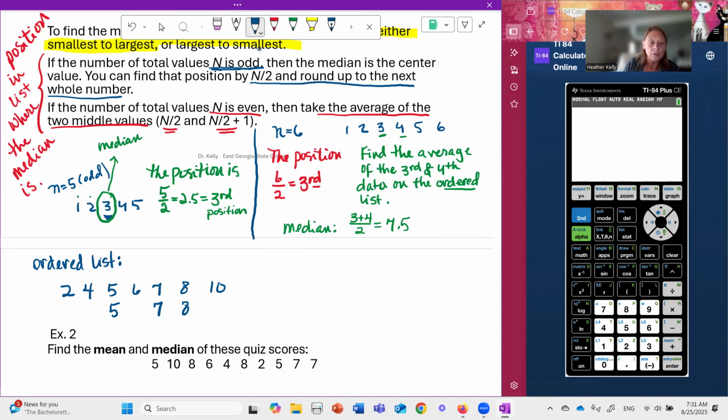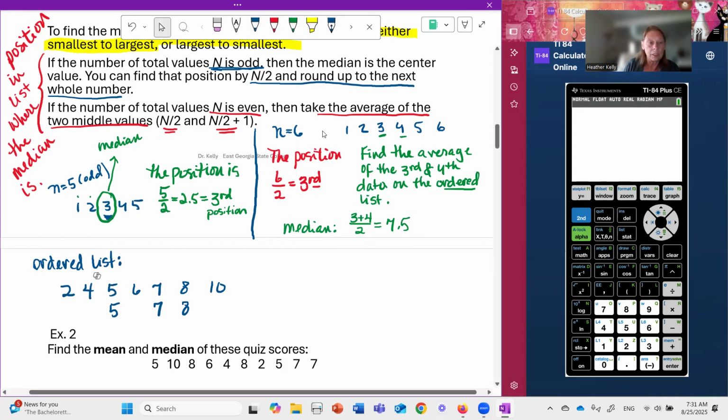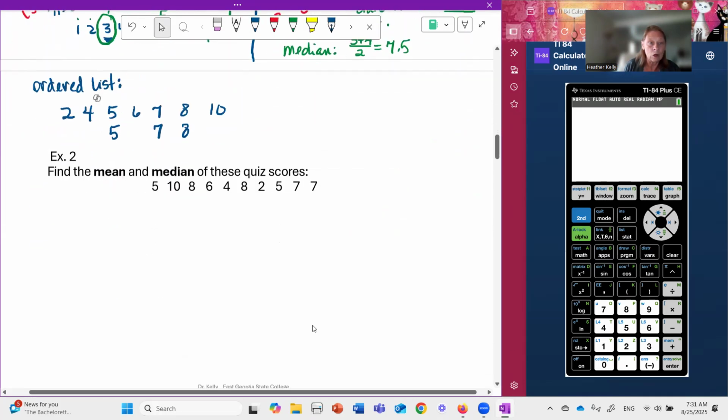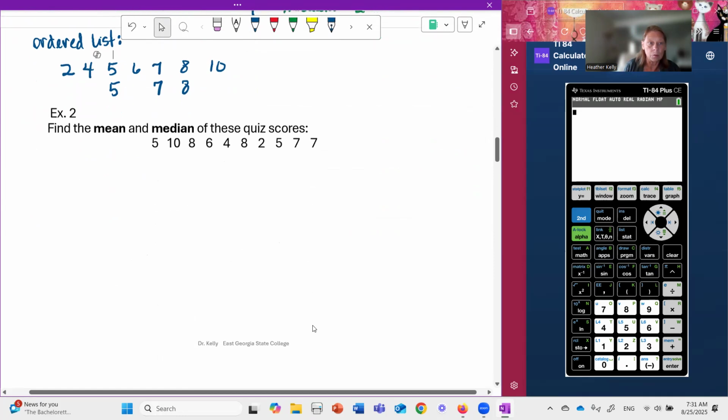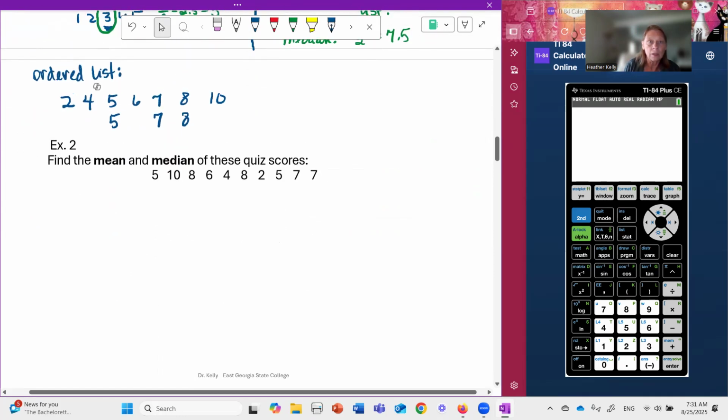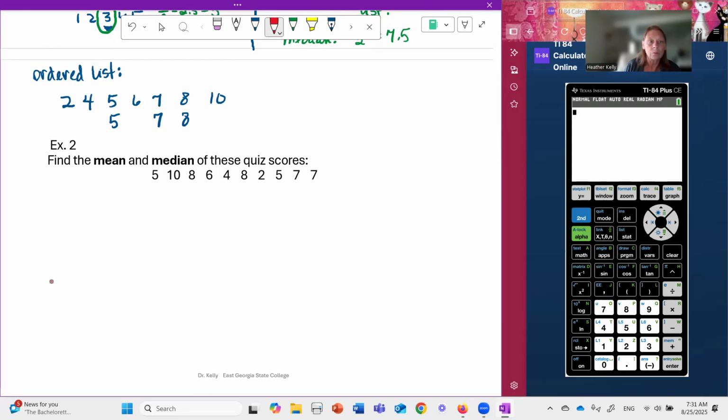Okay. So let's do the mean here. And then I'll roll it up there for a second and get the median. We don't really need to know the order or anything for the mean, but we're ready to go.